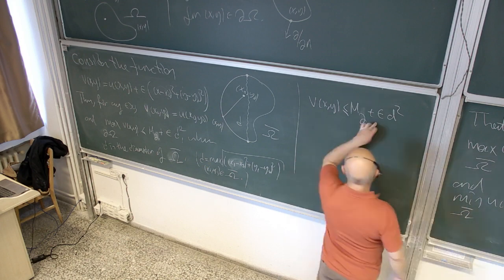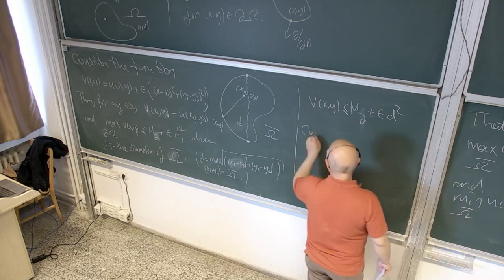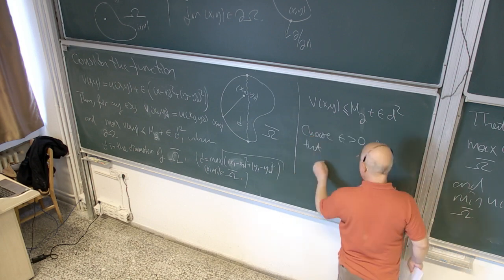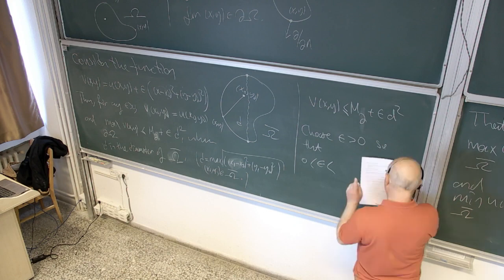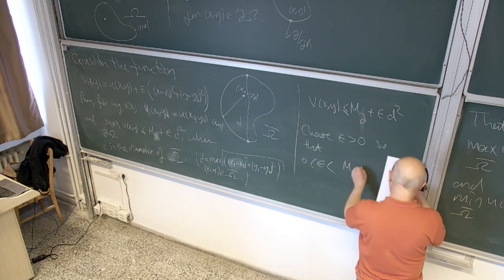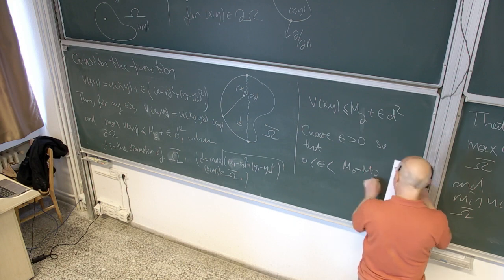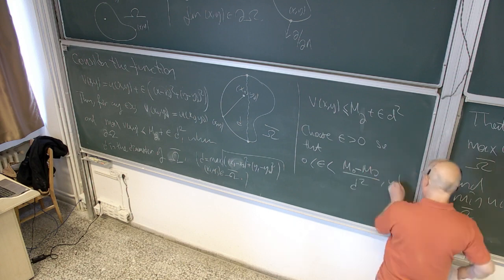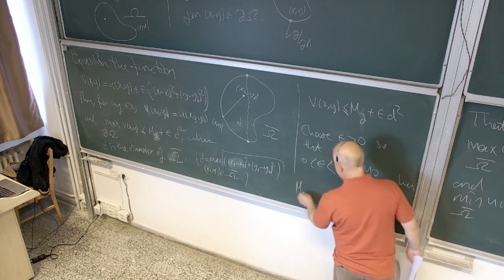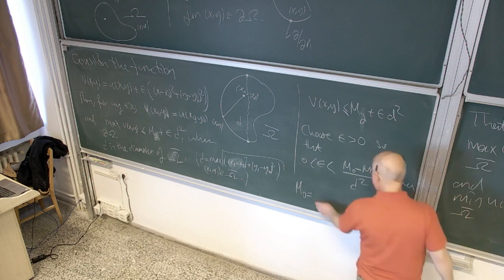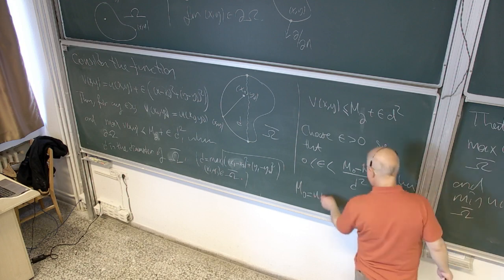Bu her epsilon için geçerli. Choose epsilon so that epsilon is positive but less than the following: M0 minus M boundary divided by D squared, where M0 is the value at this point.